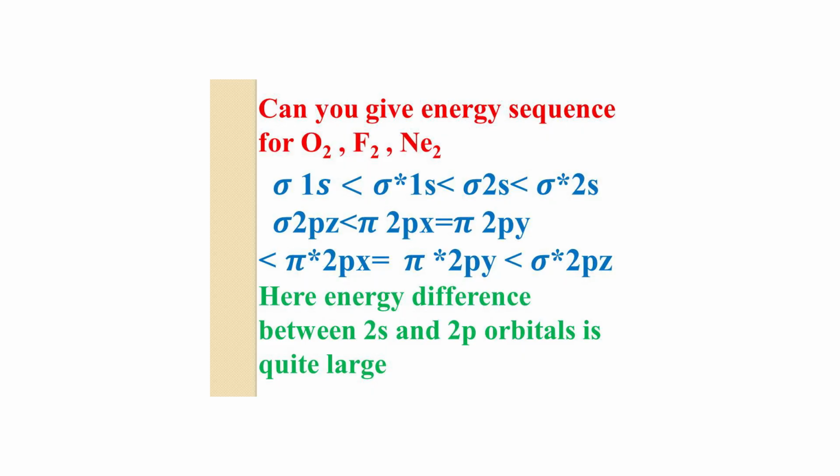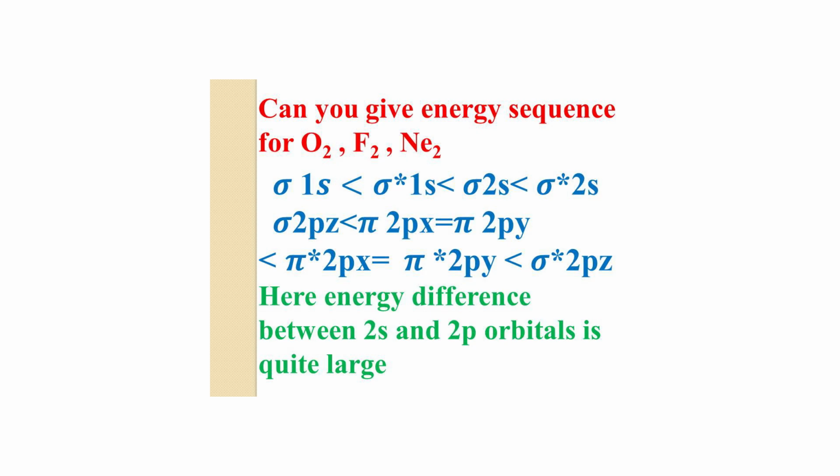Students, can you give the energy sequence for oxygen, fluorine and neon? Yes, sigma 1s is lower than sigma star 1s, which is less than sigma 2s, less than sigma star 2s, less than sigma 2pz, less than pi 2px equal to pi 2py, less than pi star 2px equal to pi star 2py, less than sigma star 2pz orbital.